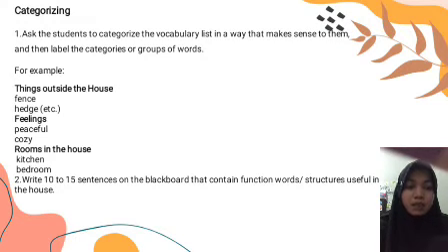This can be done as a whole class or in small groups. If it is done in small groups, the groups can compare lists. Each group can also report its categories to the whole class if the class is large.